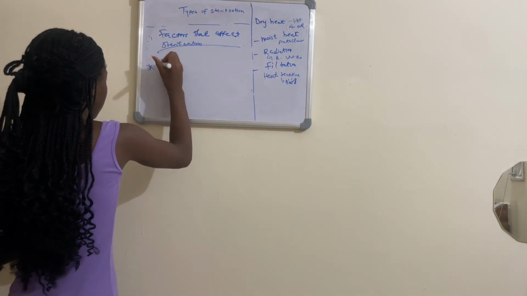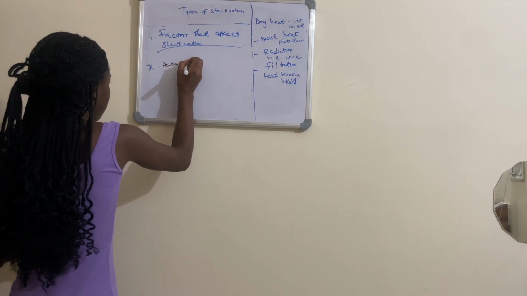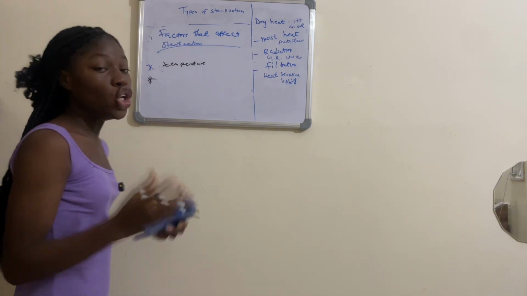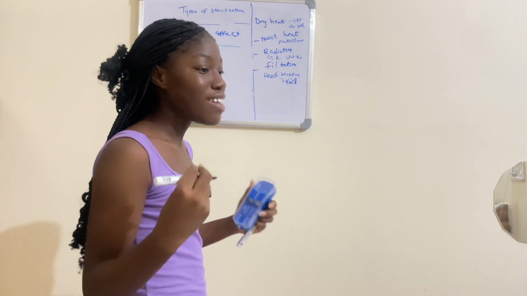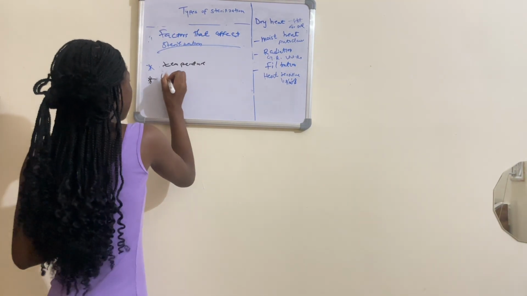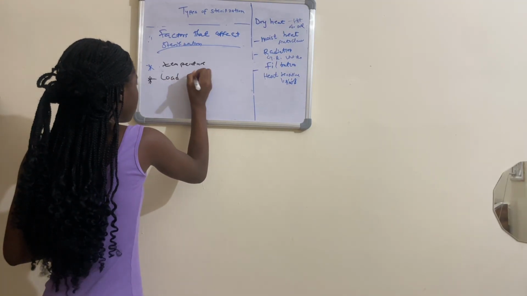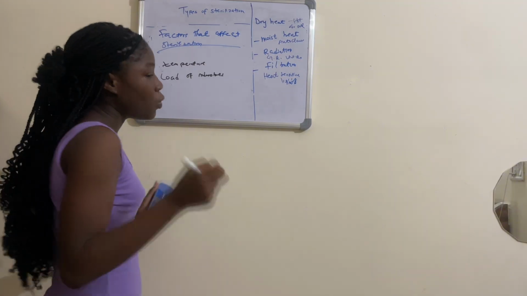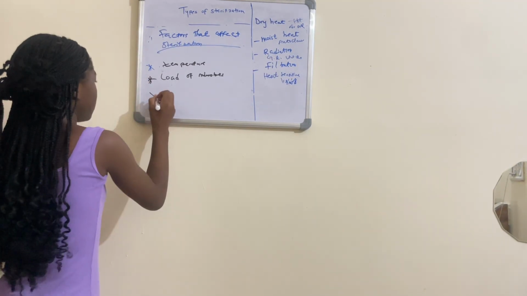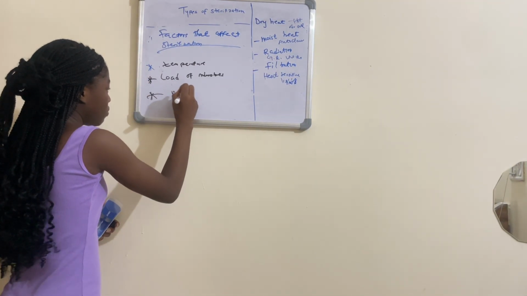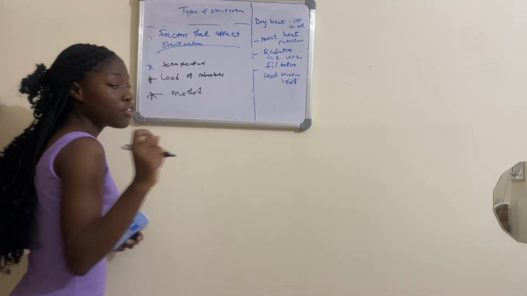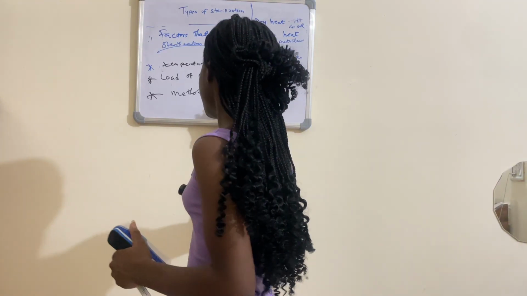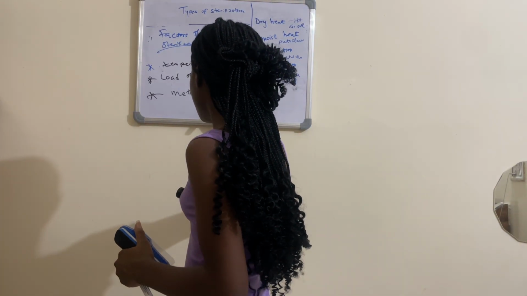Remember the temperature. We also have the load of microorganisms that you are trying to get rid of, right? The load of microbes also affects sterilization. And then the method you are using. One of the most effective methods is moist heat, which uses the autoclave.